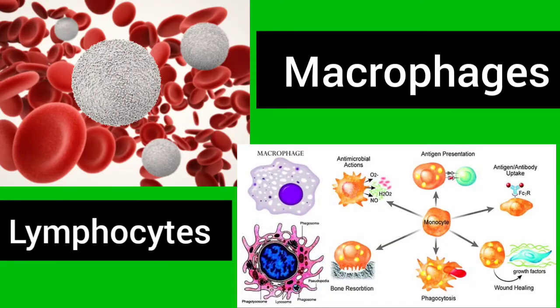They pack different organs. Then the defense mechanism: in blood, WBCs are also found. Lymphocytes and macrophages are found in the matrix, the ground substance, and they strengthen the immune system. And the last one is repairing.